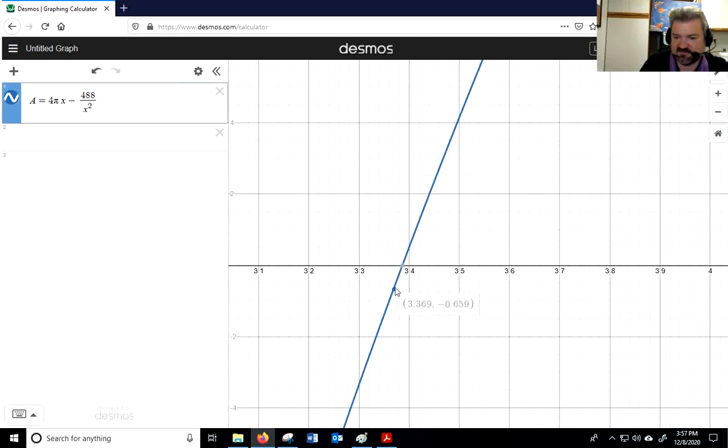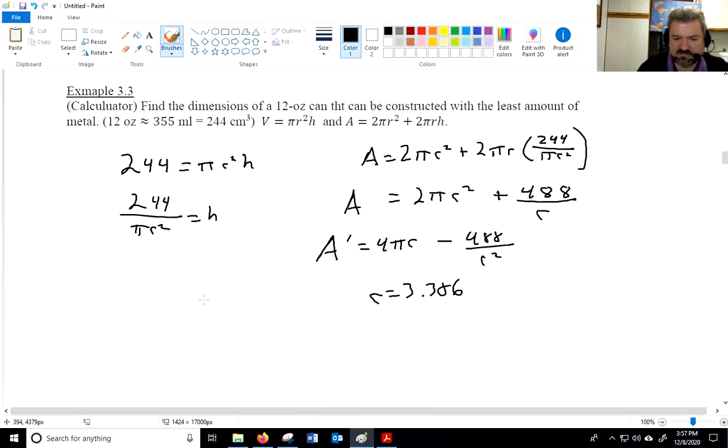We can see that this is going from a negative to a positive. And that's what we're going to say, just like we did earlier.